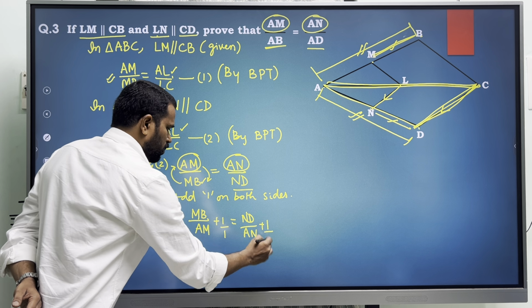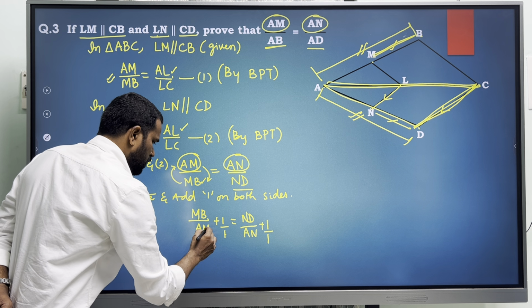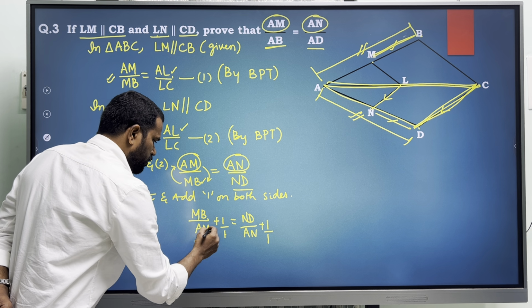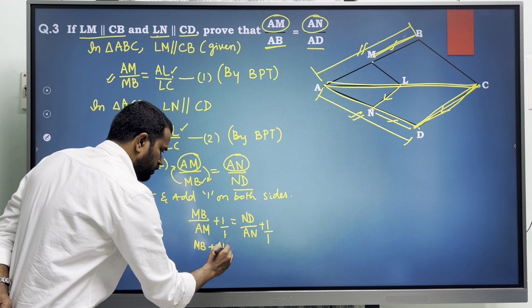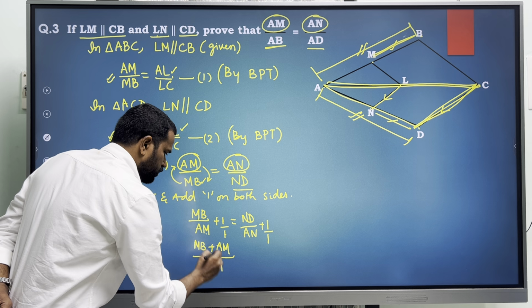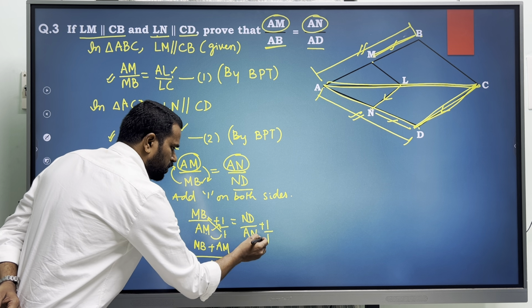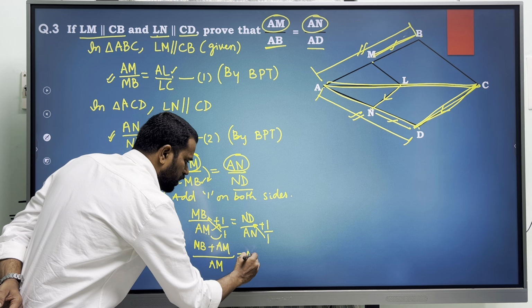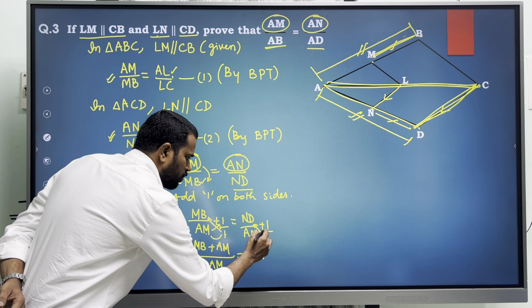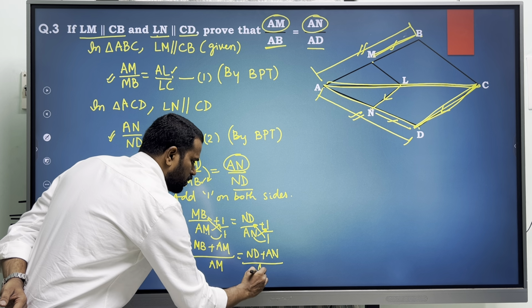So 1 into MB plus AM into 1, AM by AM into 1, AM. Next, 1 into ND, it is ND plus 1 into AN, AN by AN into 1, AN.